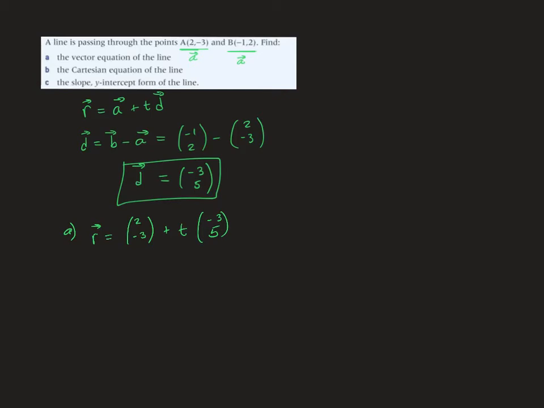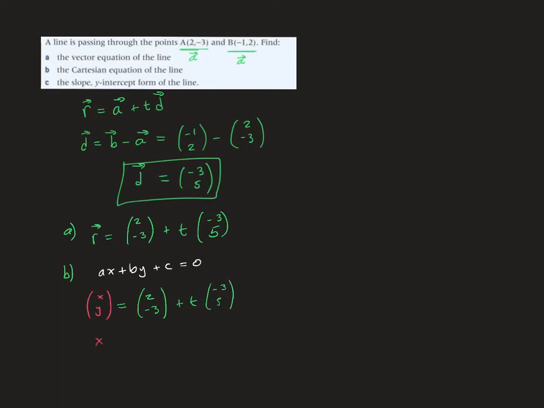Now for b, they want the Cartesian equation of the line. We also talked about it in the paper 3 question that we practiced. The Cartesian equation of the line is going to have the form ax plus by plus c equals 0. So to do that, we need to go first to the parametric form of the equation, which would be to just equate (x, y) equals (2, -3) plus t(-3, 5), and then just equate each of the components.